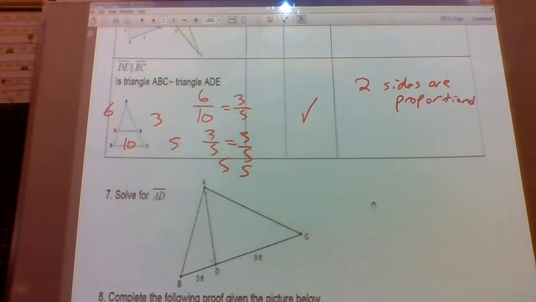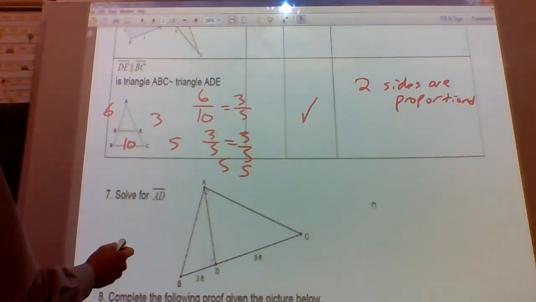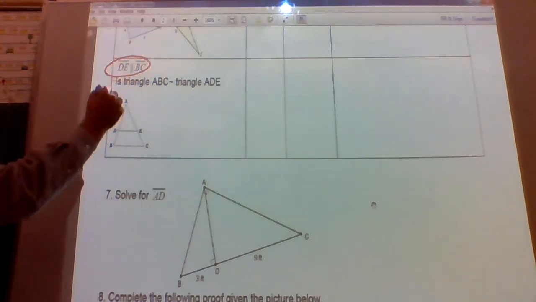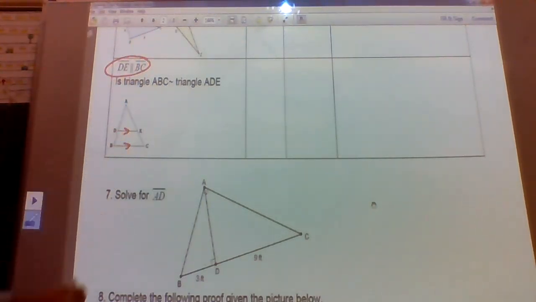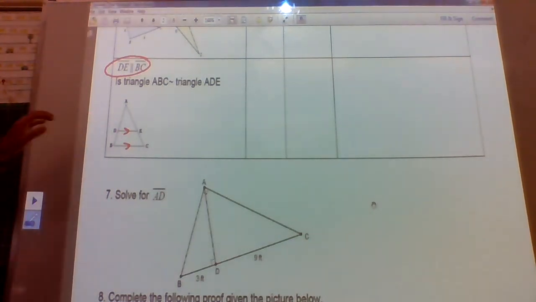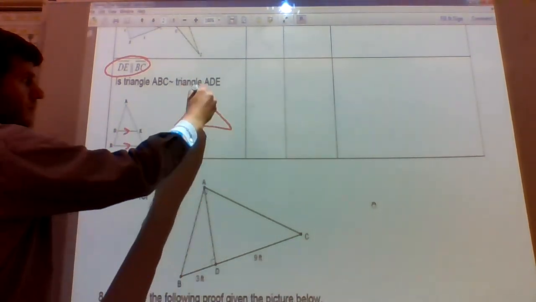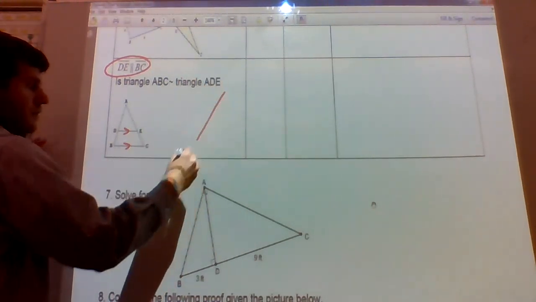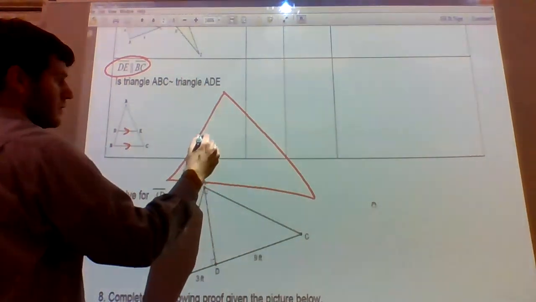Okay. Is triangle ABC similar to triangle ADE? So here we can. We're given that DE is parallel to BC. So we have two triangles here. Let's draw it bigger so we can see. So here's our big triangle, and then here's the little one.